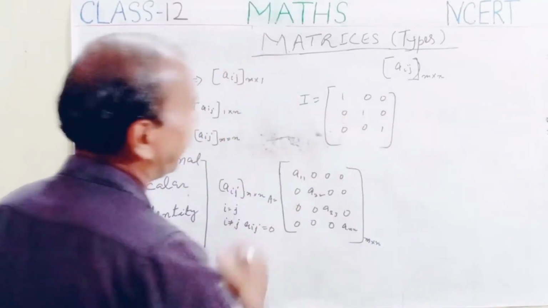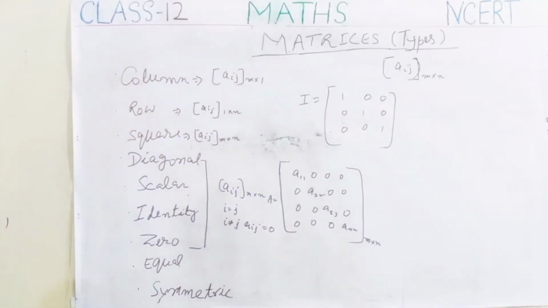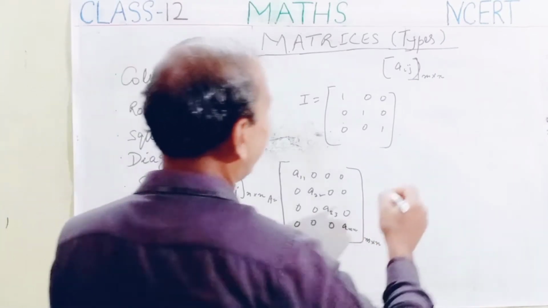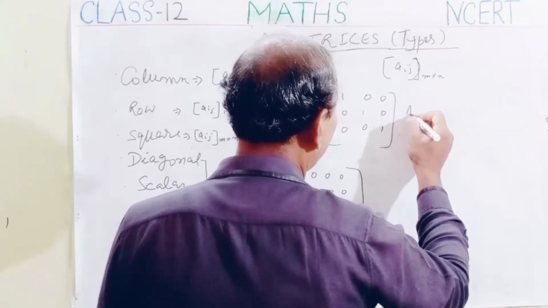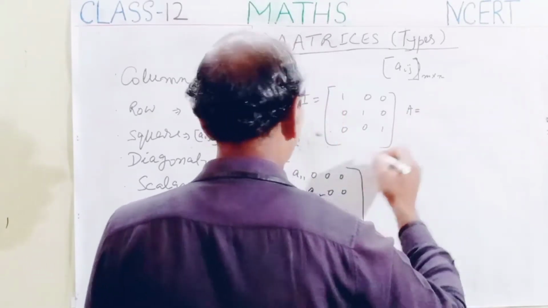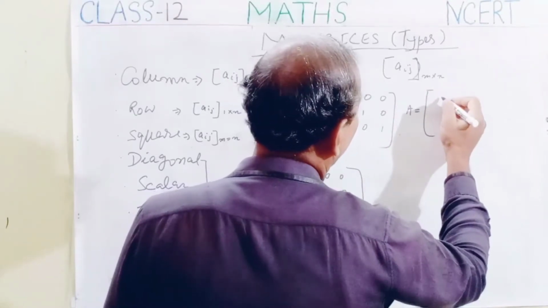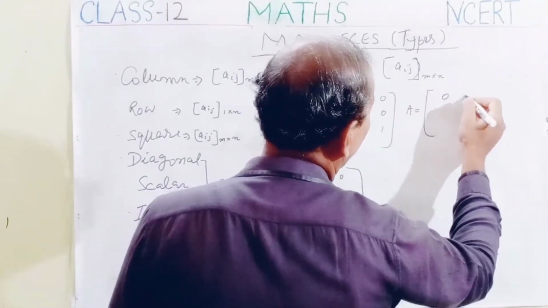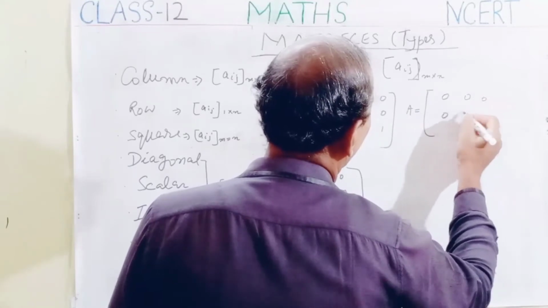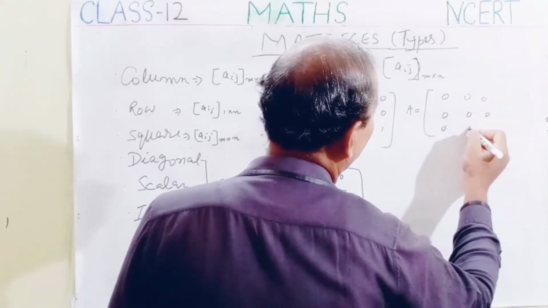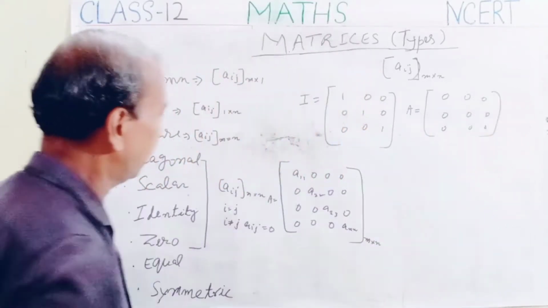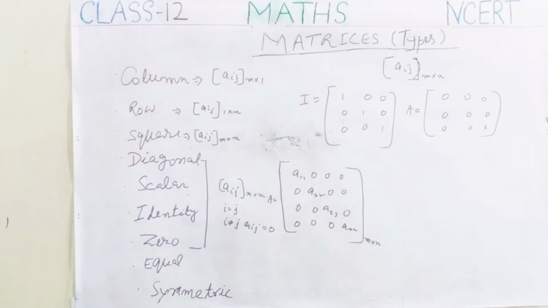So this is your identity matrix. Let's suppose I want to define the 0 matrix, representing it as A. Your 0 matrix will be all 0: 0, 0, 0, 0, 0, 0, 0, 0, 0. So this is a 0 matrix.